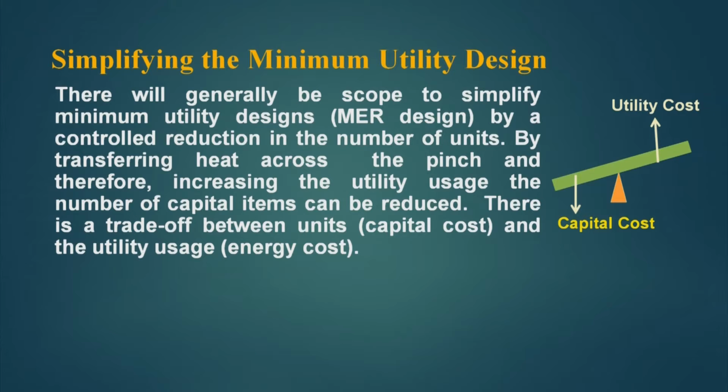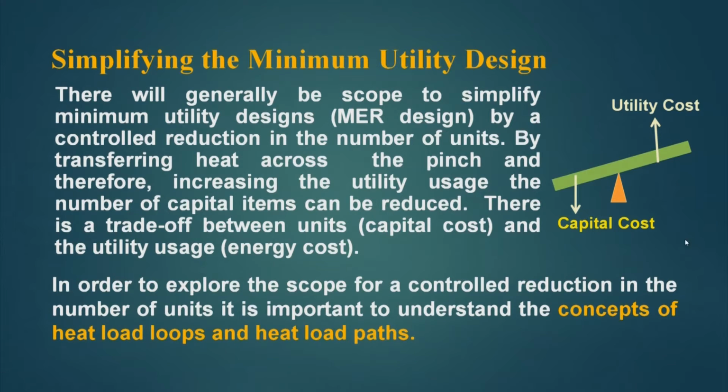The number of capital items can be reduced. There is a trade off between the unit's capital cost and the utility usage energy cost. Here, if we are decreasing the capital cost, the utility cost increases. So, how to balance this is the main job. Now, let us see it in detail.